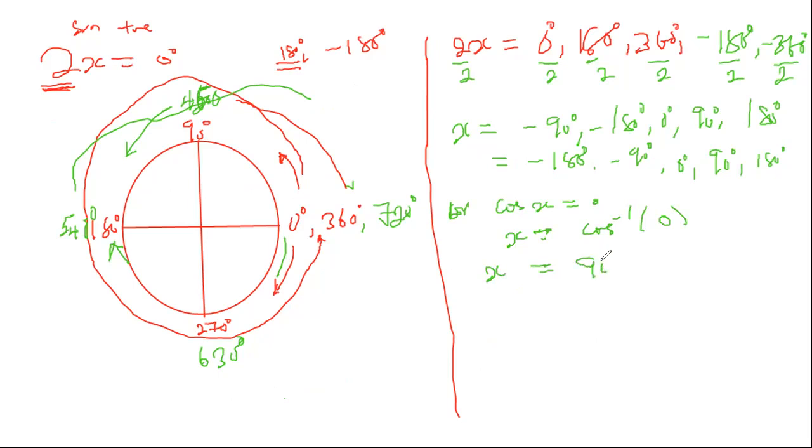So where else is cos positive? In the fourth quadrant. So where we get 360 minus the angle. So 360 minus 90. That is 270.